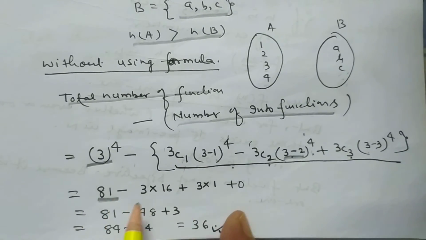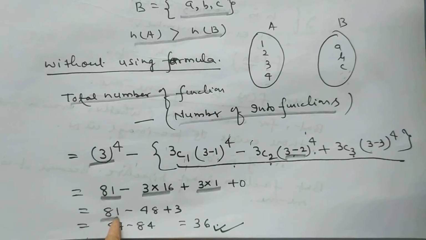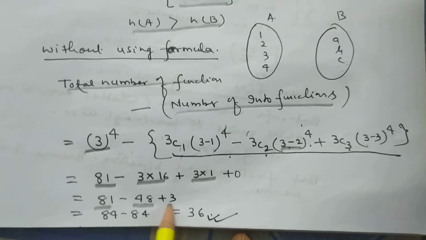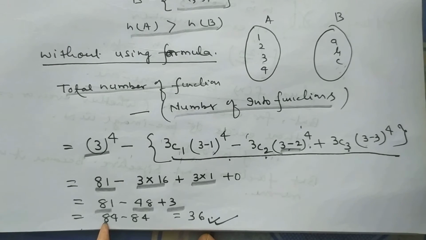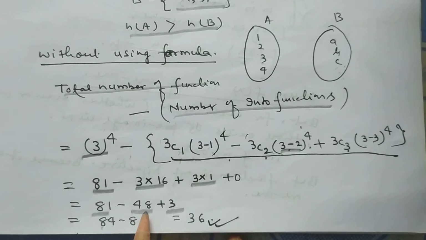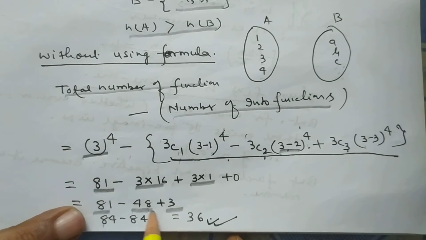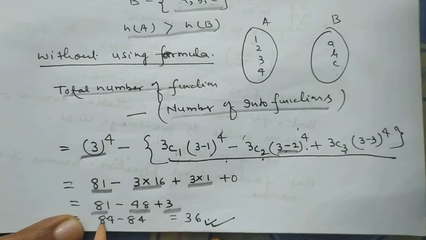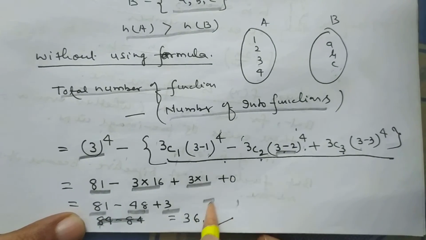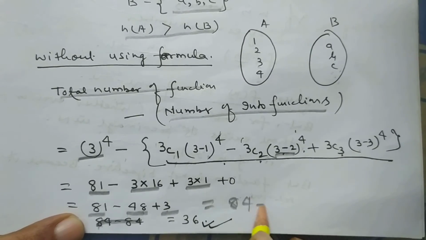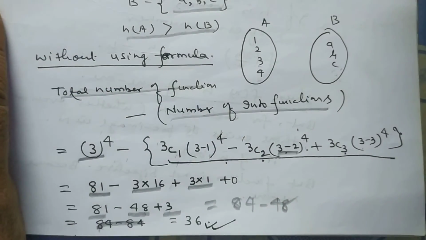So 81 minus 3 into 16 plus 3 into 1, that is 81 minus 48 plus 3, that is 84 minus 48, 36. You can solve this problem.